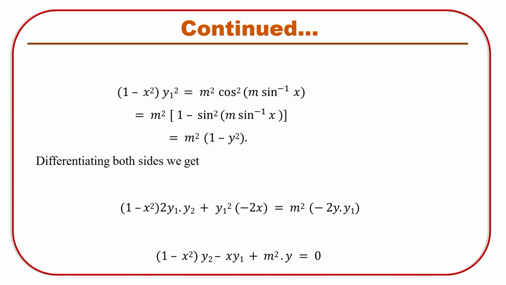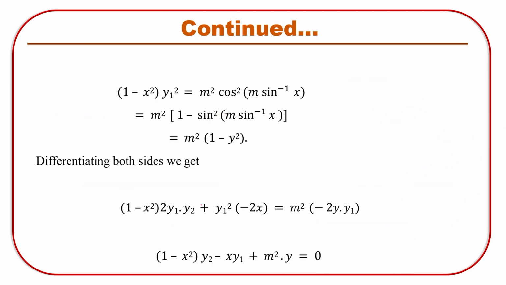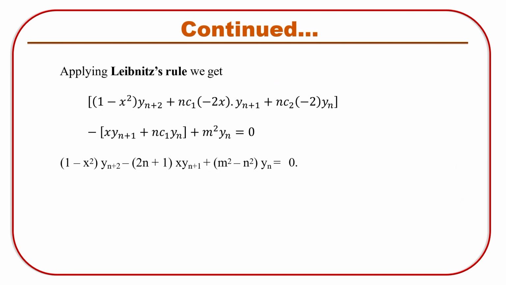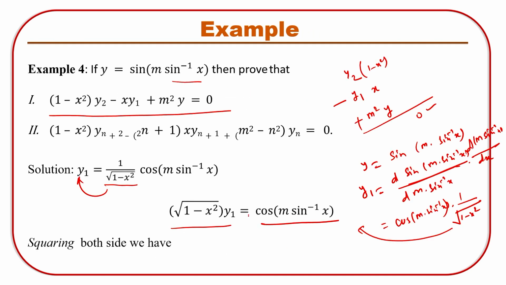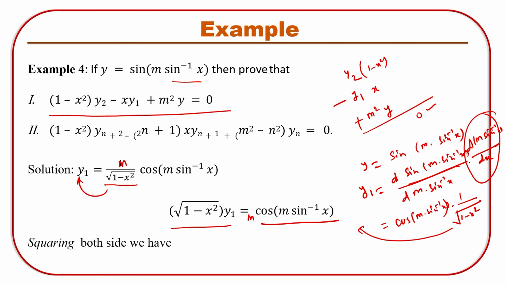And then squaring both sides. So y1 square into (1 minus x square) is equal to m square cos square (m sin inverse x). So as you can see here, m is left here because this is the m. Now see this one. Here, what was d of m sin inverse x by dx?